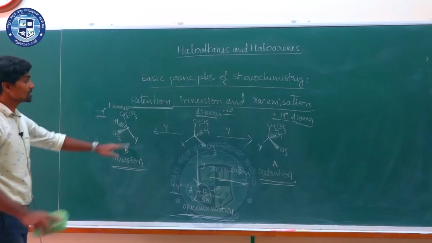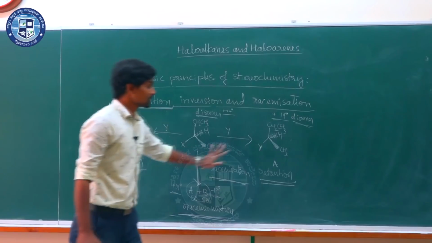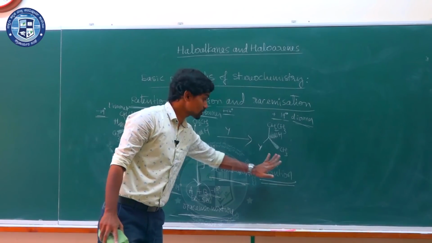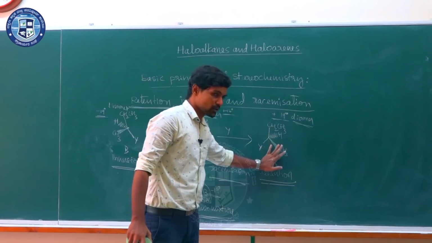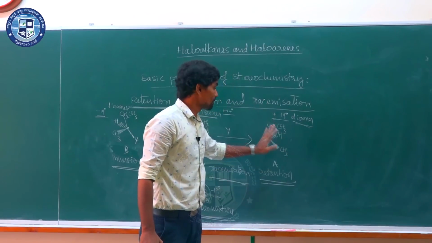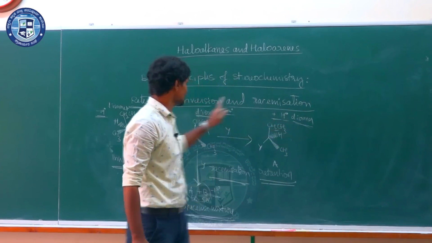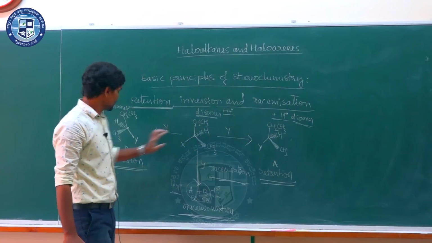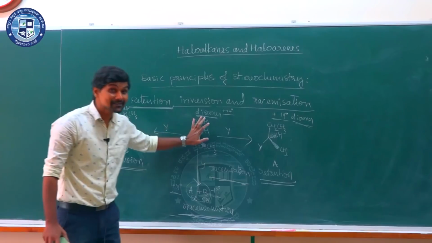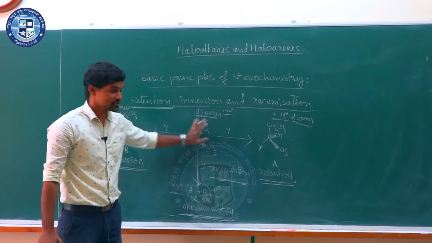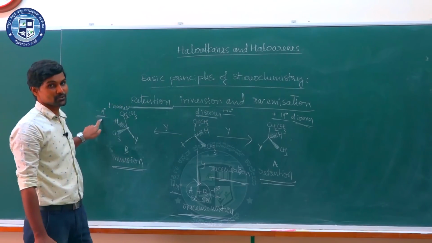So, from this you can understand that when retention of configuration takes place, you get a product which has optical activity in the same direction with respect to the reactant. If only inversion takes place, then if you take D isomer as a reactant, you get product which is L isomer.